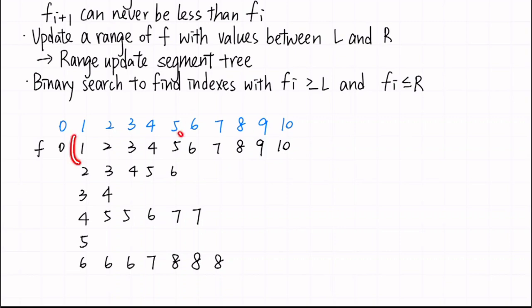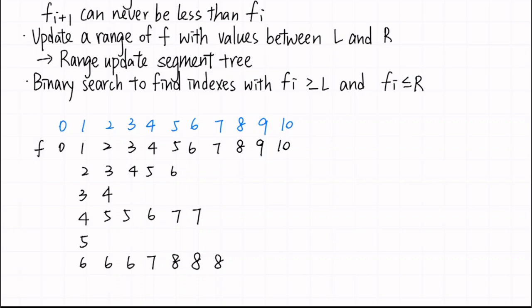So the range 1 to 5 will be incremented by 1 using our segment tree, and we will add all of these values by 1. And then after the second contest, all of the ratings in the range 1 to 3 will be updated, so these two ratings will be incremented by 1. And in the third contest, ratings in the range 3 to 6 will be updated.